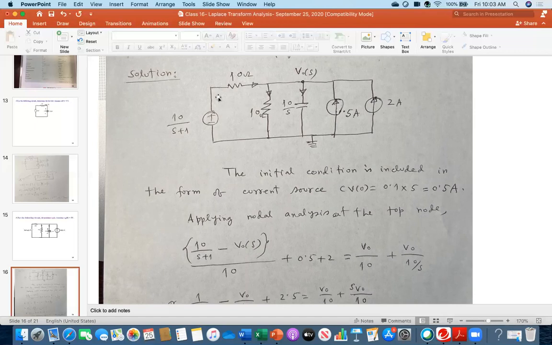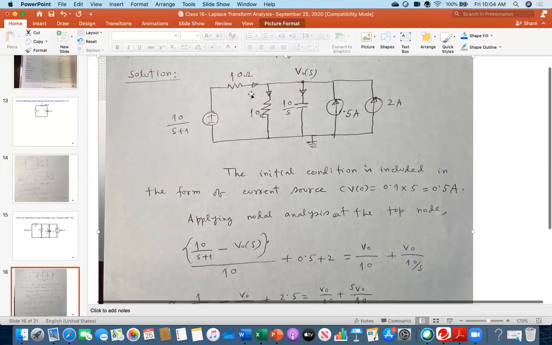This current is entering, this current is entering, this current is also entering, but current is leaving through this one and this one. So this current plus this current plus this current will equal this current plus this current. Everybody, could you understand what I am saying? Yes, so it is just nodal analysis.